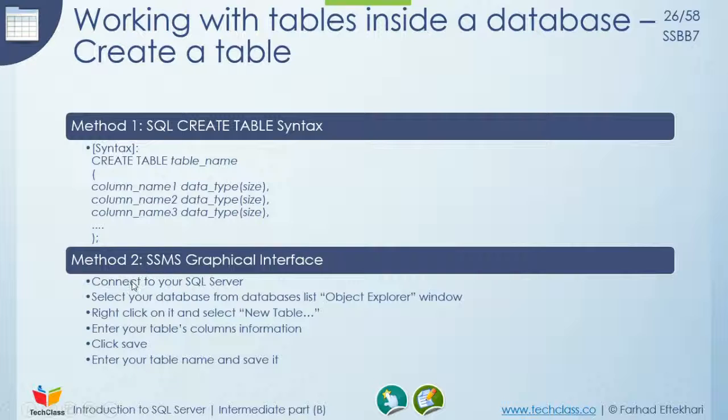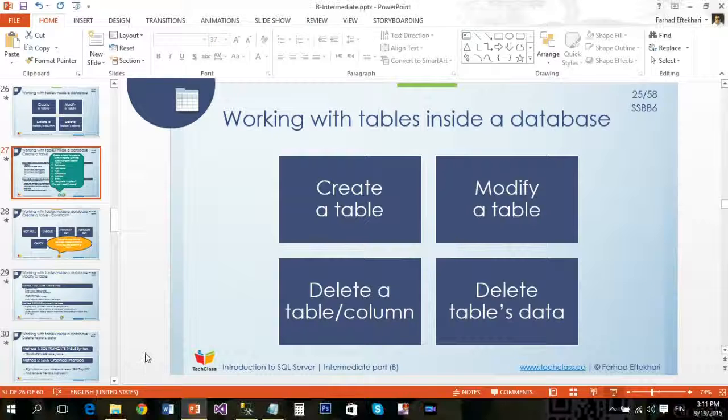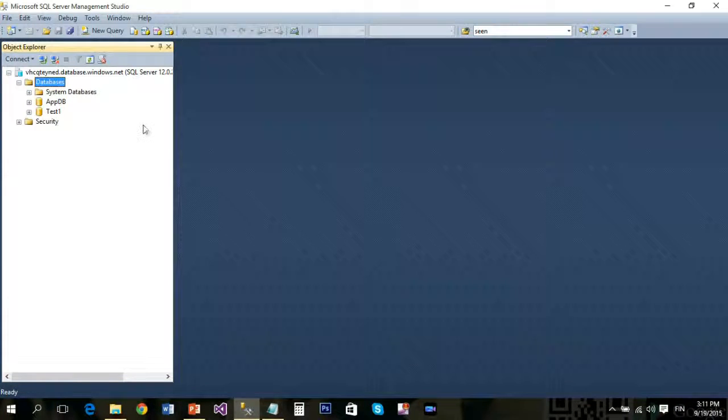You need to connect to your database. You need to select your database, and from the tables section you select new table, then enter the information related to your columns, and then save your table and assign a name for it. So let's take a look at SQL Server Management Studio. I already created this test1 database here.